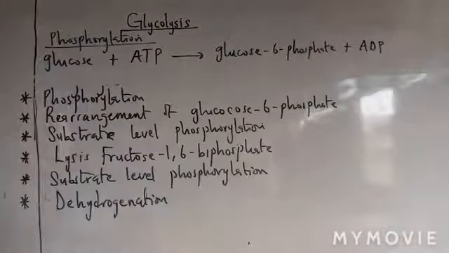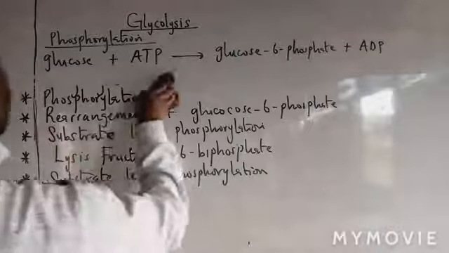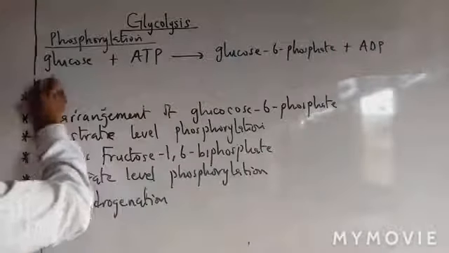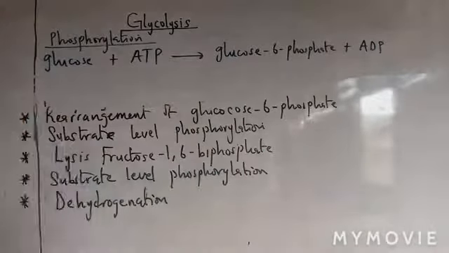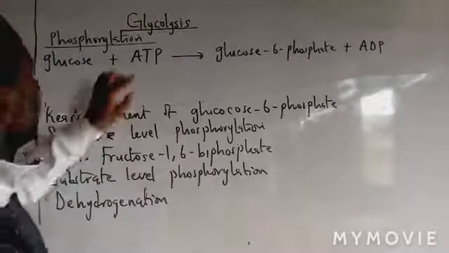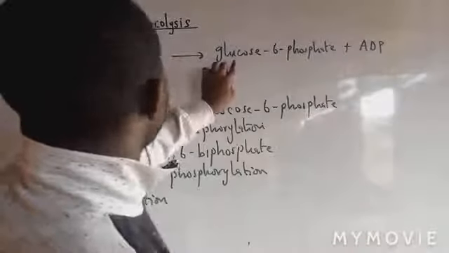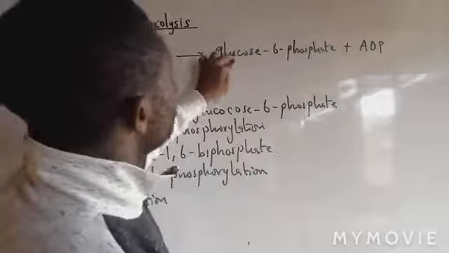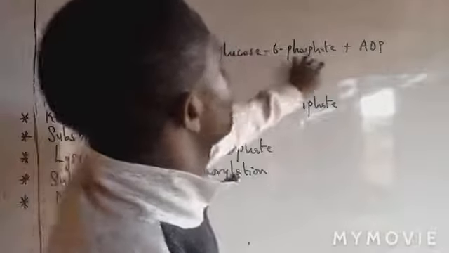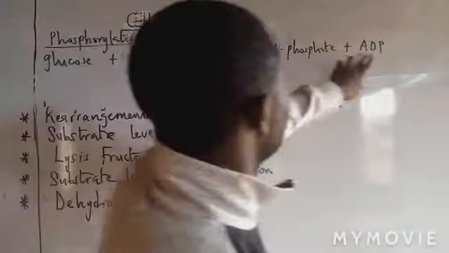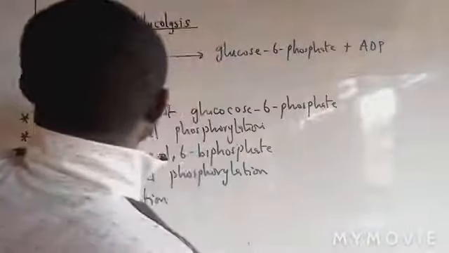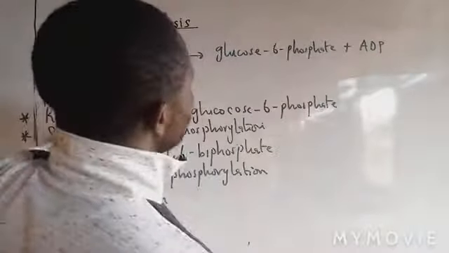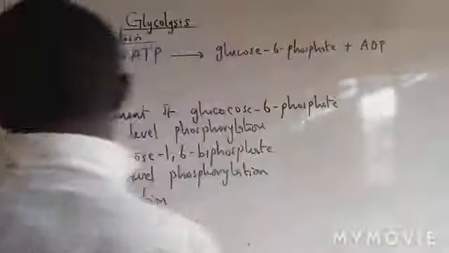That is what is called phosphorylation. Phosphate group has been added to glucose, turning glucose to glucose 6 phosphates, plus ADP. When phosphate is released by ATP, we have ADP.